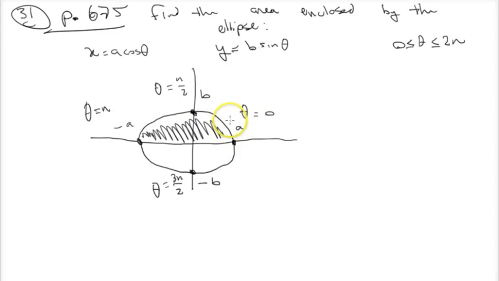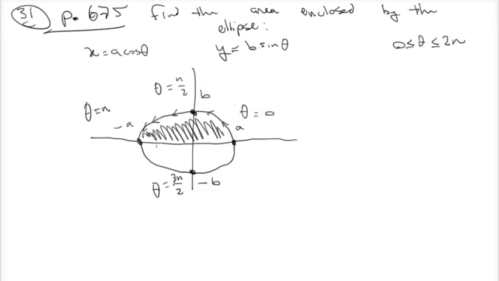Remember, this is a parametric equation, and it parametrizes this way because of the way these trig functions operate. It goes counterclockwise. So we can find this area between theta is 0 and theta is pi, and then just multiply it by 2. Yeah, we can totally do that.